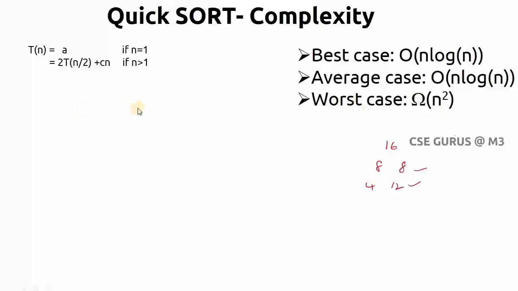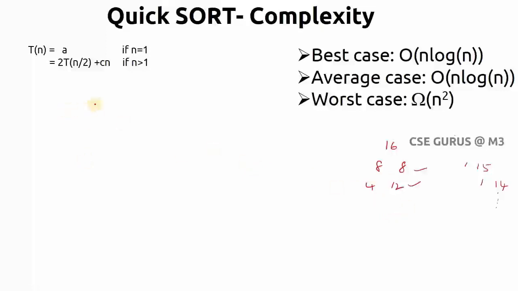In quicksort, what might be the worst case? If I have 16 elements, one side 1 element, the other side 15 elements, it will partition. Next, one side 1 element, the other side 14. Like this if I go, we can observe the complexity. This is the worst case complexity.